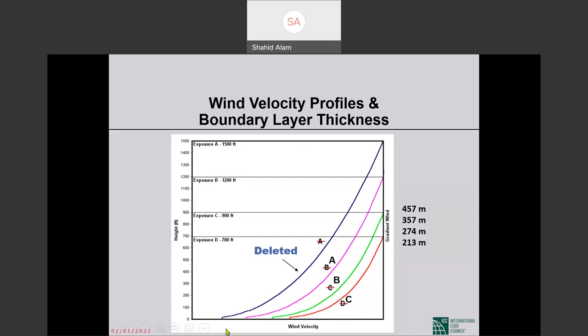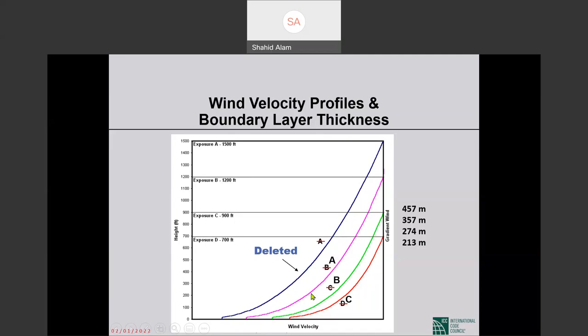So the wind speed varies from zero at the ground level and increases as we go up. How quickly it increases depends upon the roughness of the ground. What used to be exposure A of ASCE 7 years ago, centers of large cities, gave us the steepest rise.